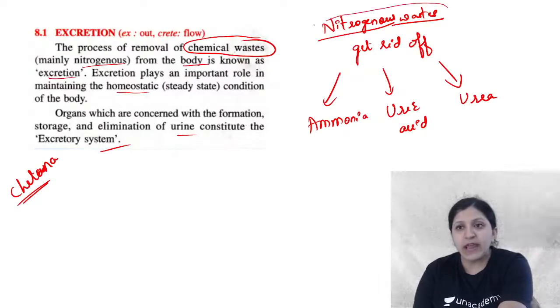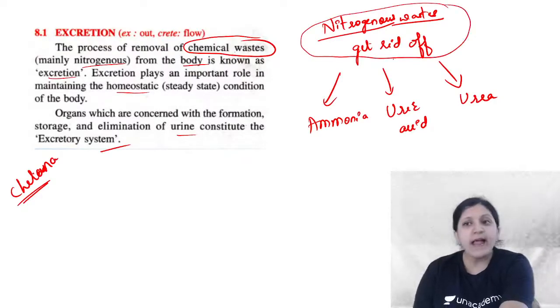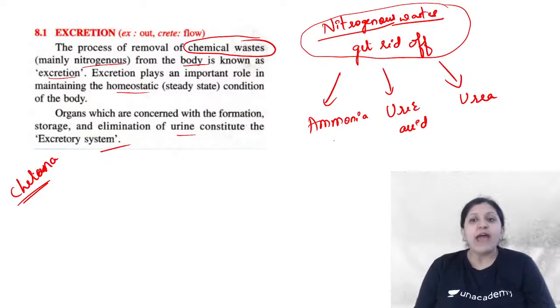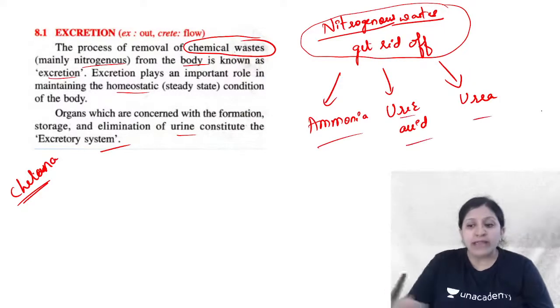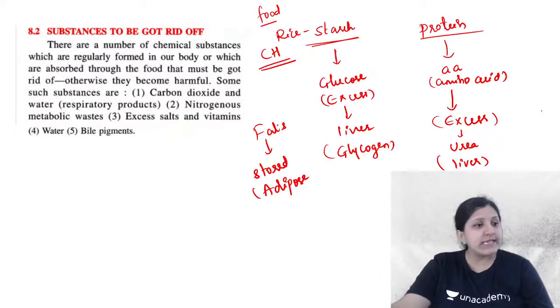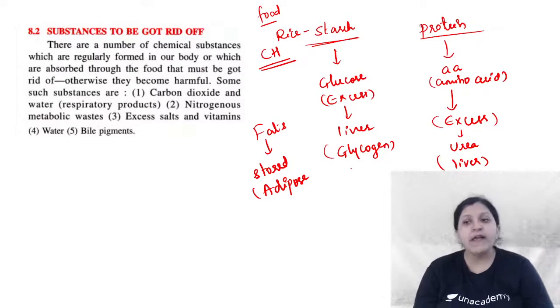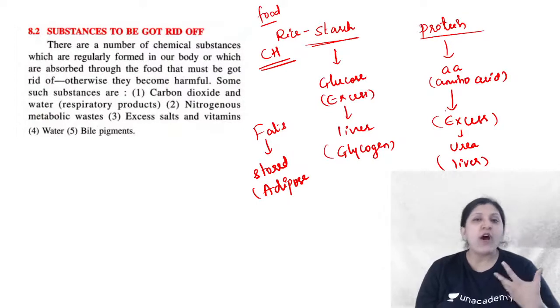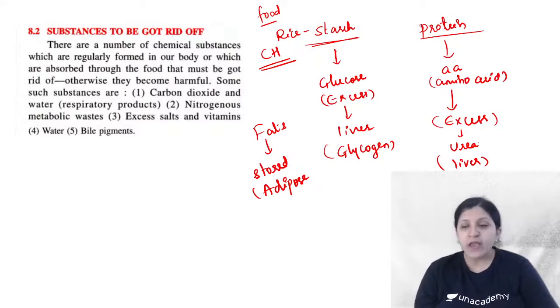Now we are mainly talking about these nitrogenous wastes. You can see there are nitrogenous wastes here, and these need to be gotten rid of, and we can form them from protein. Whenever an excess amount of protein is consumed, it will be broken down into amino acids, then the amino acids are converted into ammonia, uric acid or urea in our body.